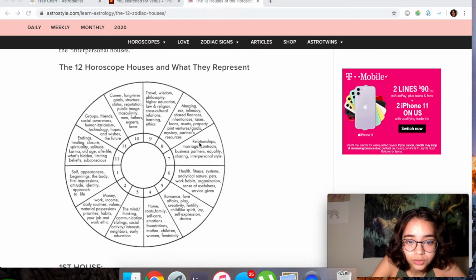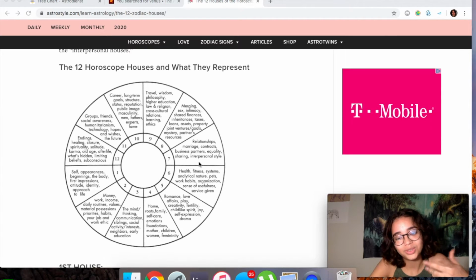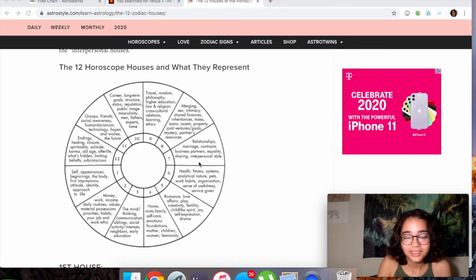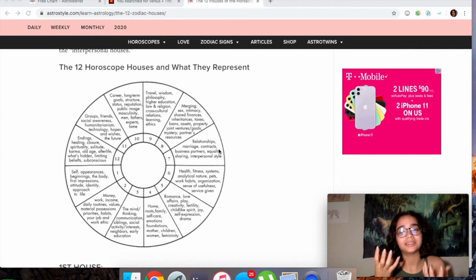seventh house, relationship, marriage, contracts, business partners, equality, sharing, interpersonal style. Seventh sign is Libra. We know Libra is the balance, air sign, communicative. So sharing makes sense, equality makes sense. They like things to be balanced.